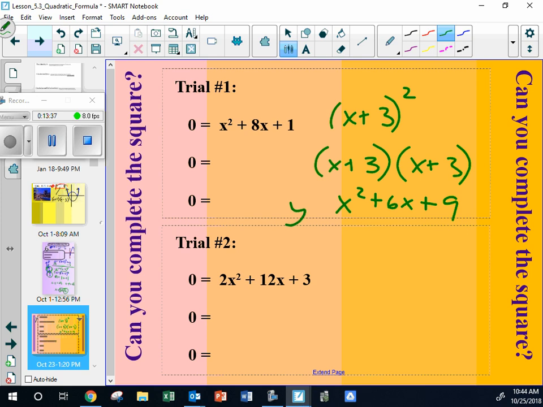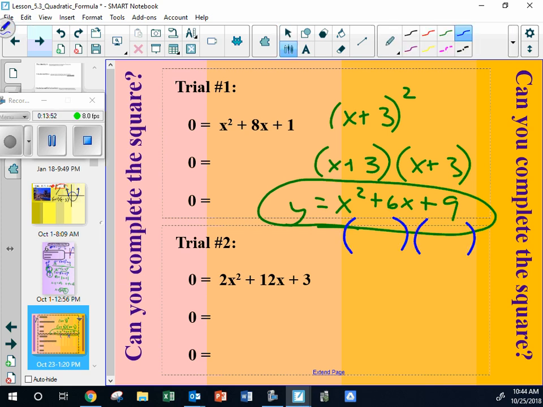This one is very hard to look at and say, oh, that's a perfect square trinomial. It's difficult to look at that and say ahead of time that it's going to turn out to be a perfect square. But once you get it all factored, x plus 3 and x plus 3, and then realize, oh, that's the same thing, then hopefully you'd be able to recognize if you have a perfect square or not. Okay?